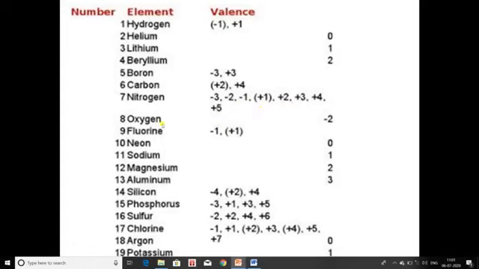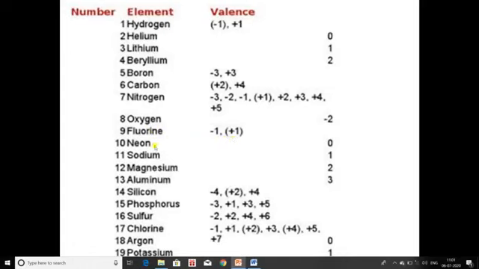Next is oxygen. The most stable oxidation state of oxygen is -2. Fluorine -1, +1, but -1 oxidation state is more stable for fluorine and +1 is very unstable. But there are some compounds like HOF, in which fluorine shows +1 oxidation state.